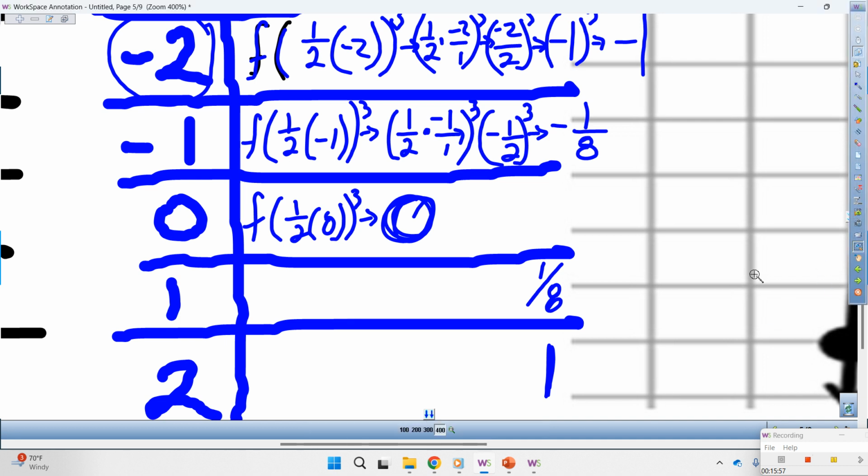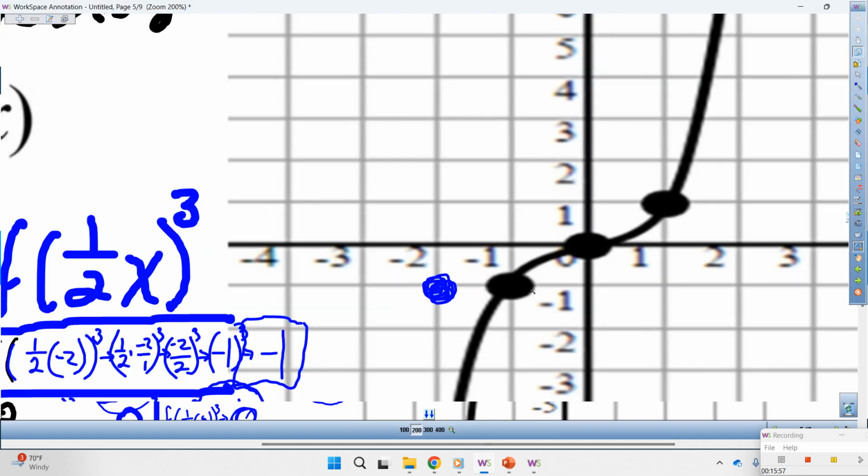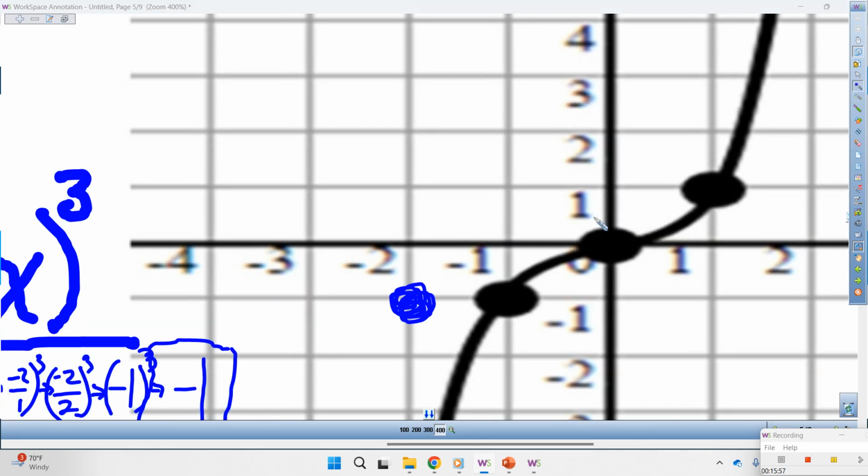Let me zoom out. Here we go. -2 and -1. -2, -1 is right here. -1 and -1/8. I'm going to have to zoom in for that one. -1, -1/8. Very close to the x-axis. 0, 0. 1, 1/8. And 2, 1.